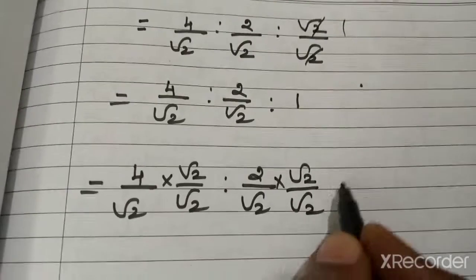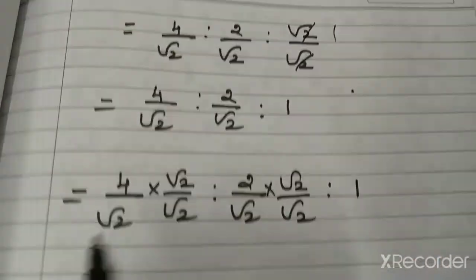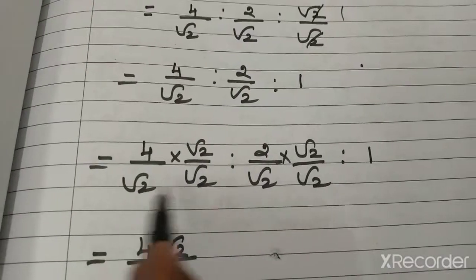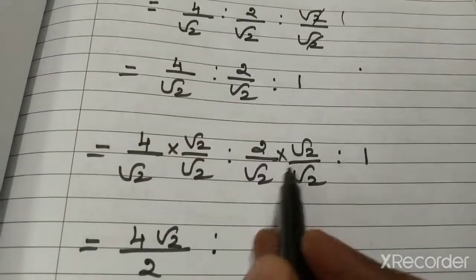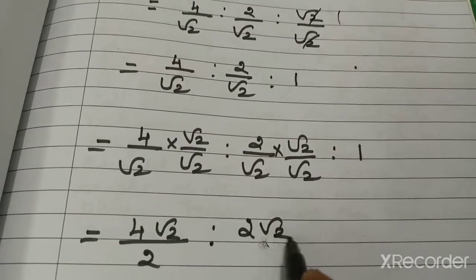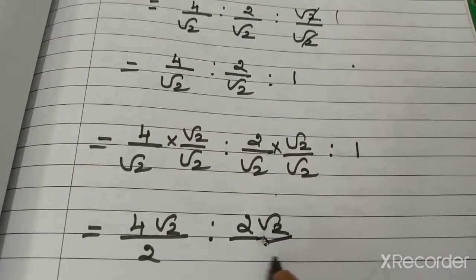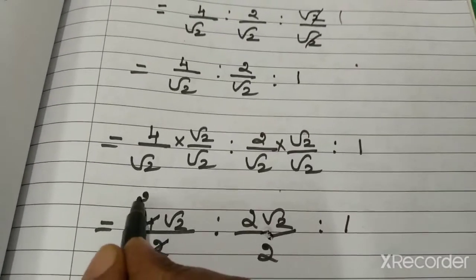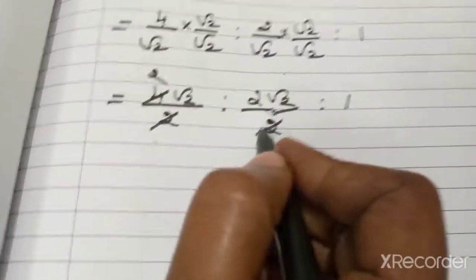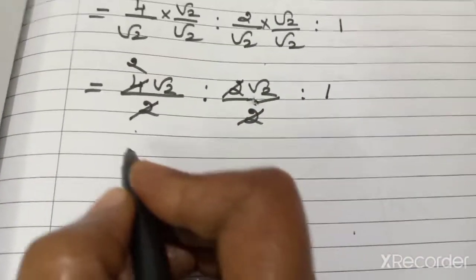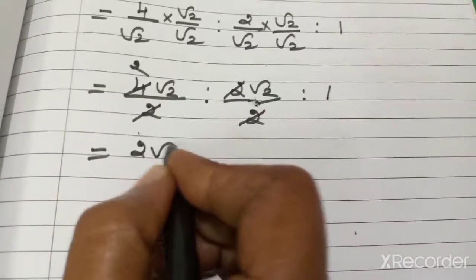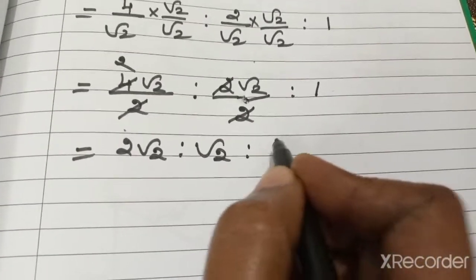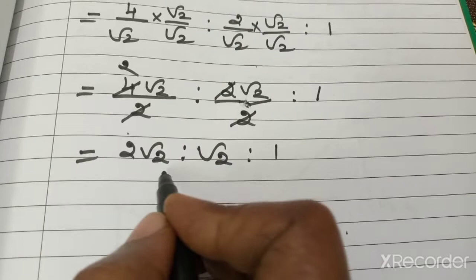So we get 4 root 2 divided by 2 is to 2 root 2 divided by 2 is to 1. Now this 2 can be cancelled, giving 2 root 2, and here also this 2 can be cancelled, giving root 2. So it can be written as 2 root 2 is to root 2 is to 1. That is the answer. Okay, understood students?